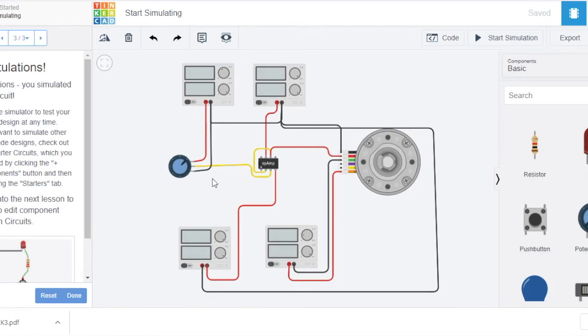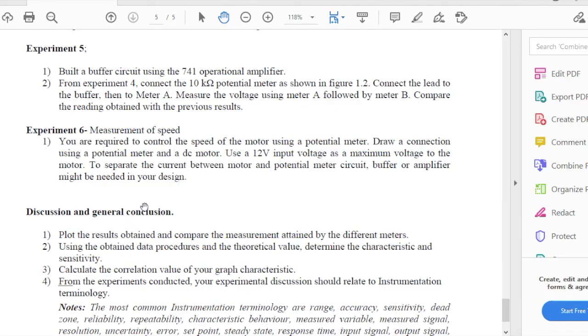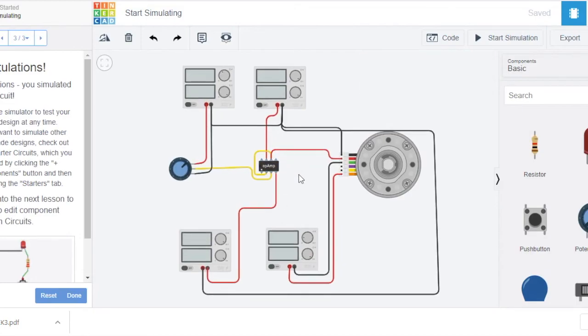Okay, we connect the potentiometer to the supply, and we use an amplifier in the middle to connect, because the question is to use an amplifier, so we use an amplifier for this.